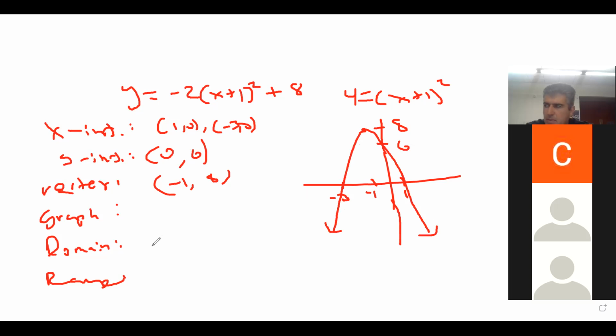Domain would be all real numbers. And range would be y is less than or equal to 8.